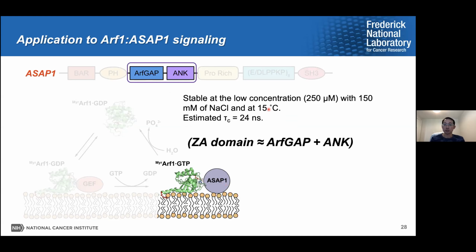So unfortunately, this domain is only soluble at a relatively low concentration, 250 micromolar, and we have to add salt. So this is a critical point. Without adding salt, this protein cannot be stable, and we have to lower the temperature. So actually there are a lot of barriers for people to study dynamics on this protein, okay?